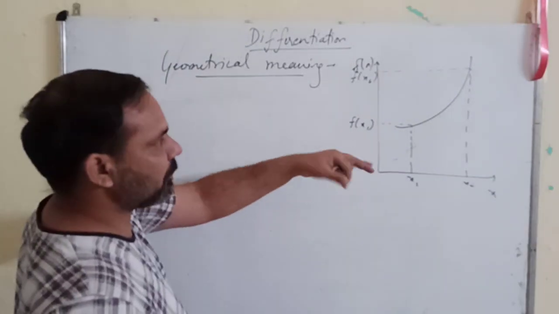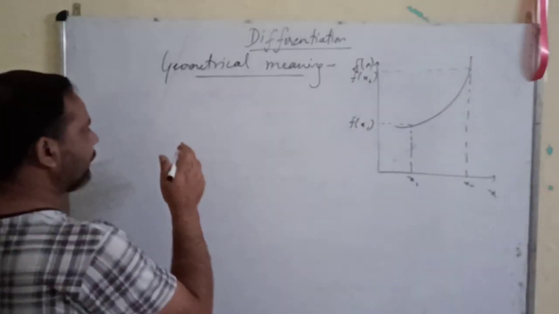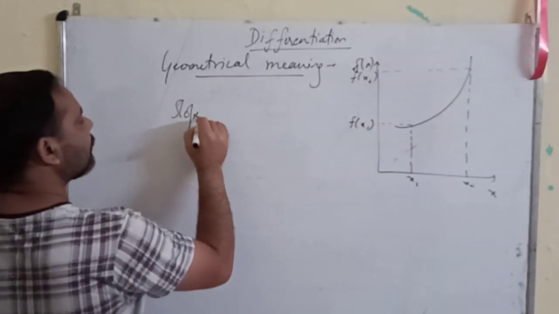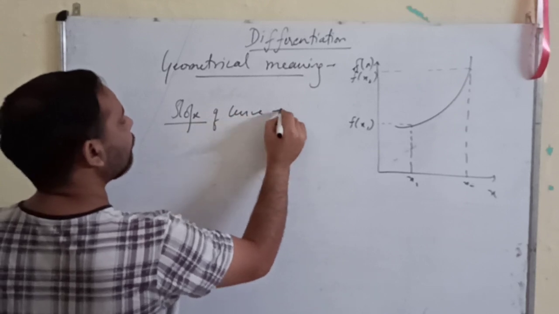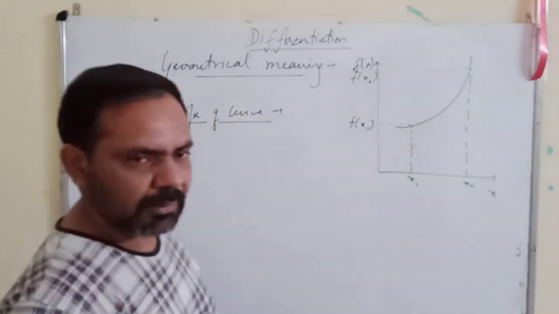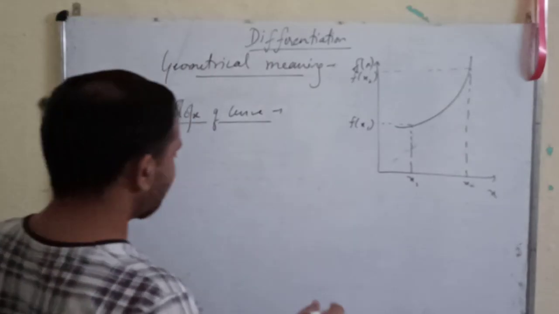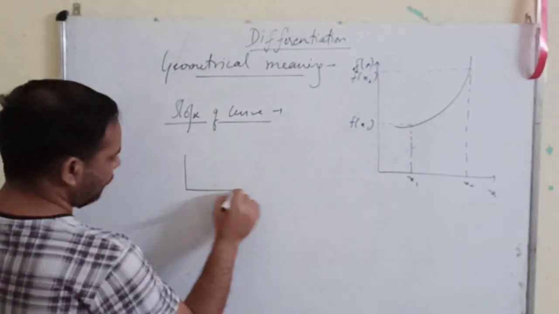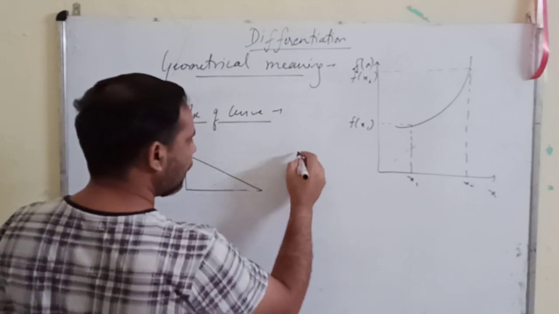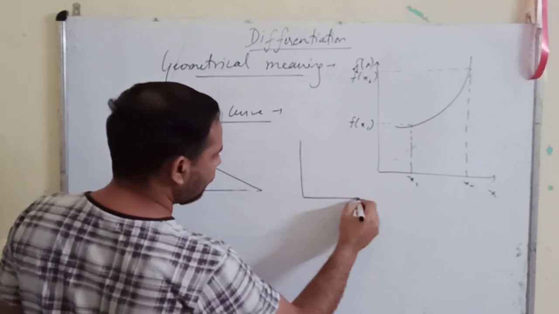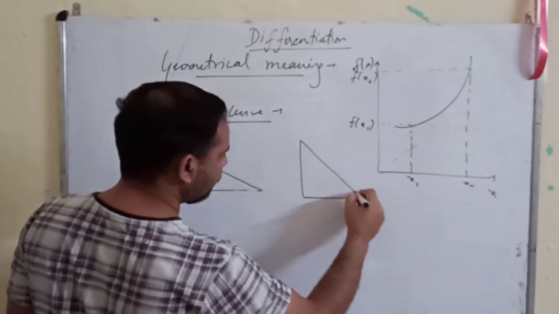Before proceeding, let me discuss with you one term, which is called slope. Slope of a curve or slope of the graph. What does slope mean? Suppose you have slides. One slide is this, and the other slide is this one.